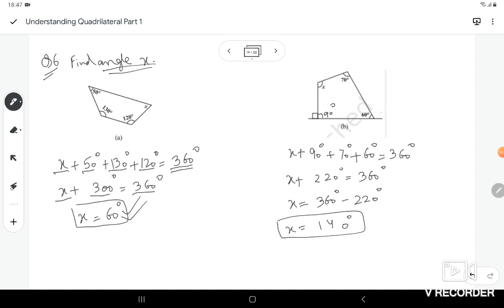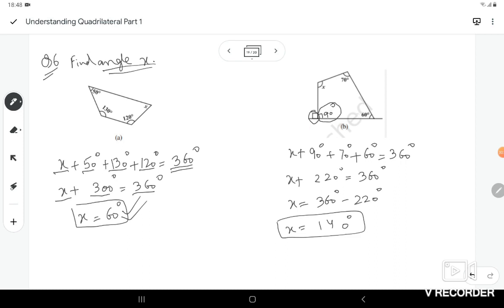Now let's see another figure, figure 2. We can clearly see that the outside given angle is equal to 90 degrees. So the inside angle would also be equal to 90 degrees. Why? Because a single straight line forms a 180 degree angle. This you have to remember. So the internal angle would also be equal to 90 degrees.